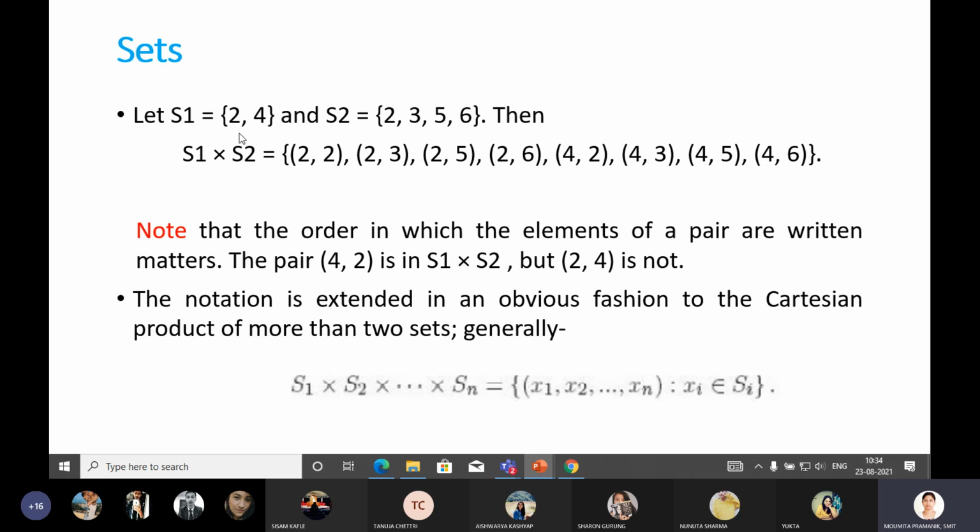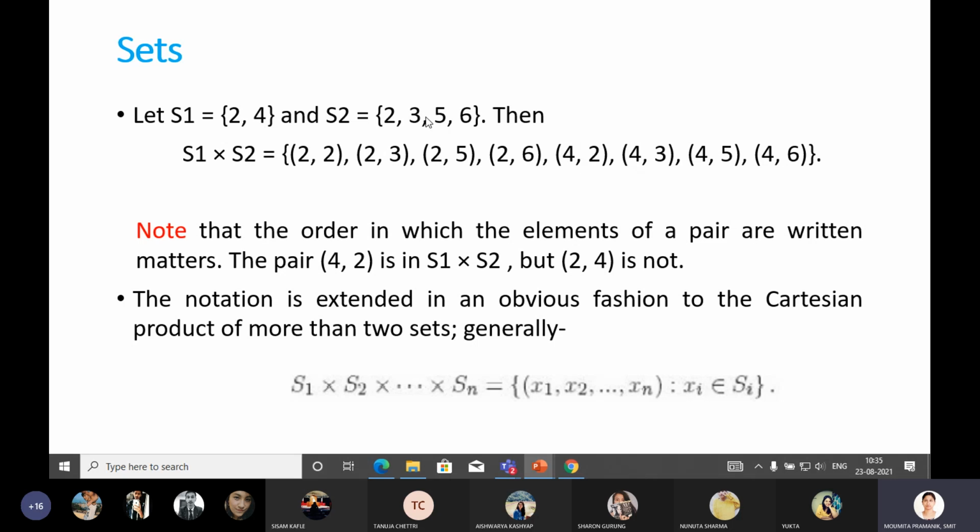This is not a haphazard combination, it is an ordered combination. So 2 with 2, 2 with 3, 2 with 5, and 2 with 6. When we finish, we take the second element, 4, and then 4 with 2, and so on.